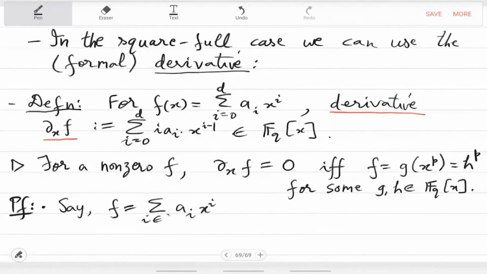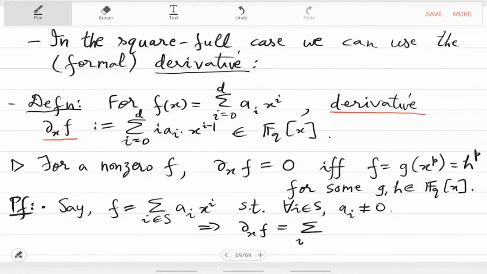So let us say the support is S. None of these a_i are 0 to begin with, but when you differentiate, what you will get is sum of i a_i x^(i-1), and suppose this is 0. Okay, so we are looking at the forward direction. So we are assuming that the derivative is 0.